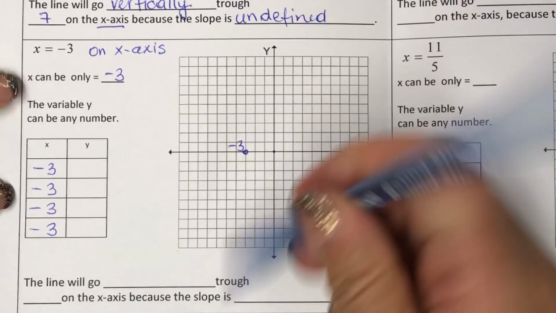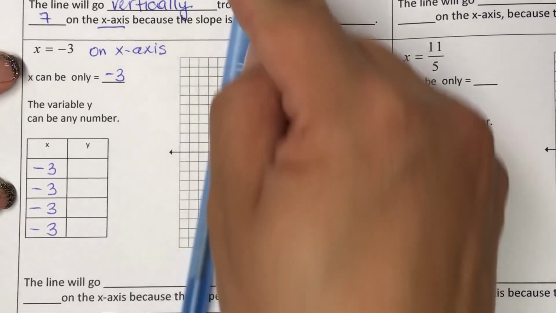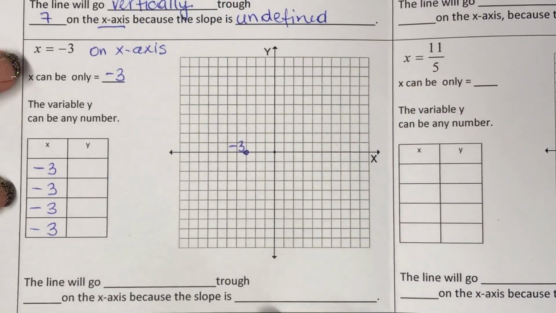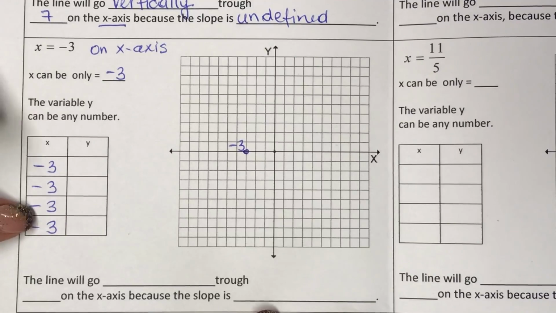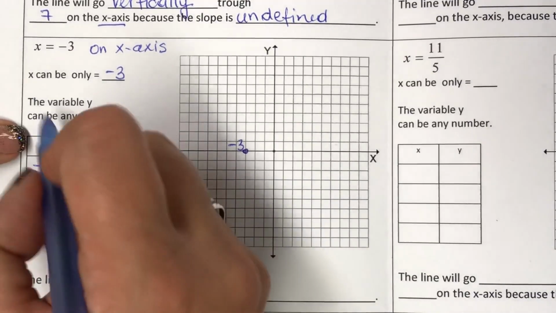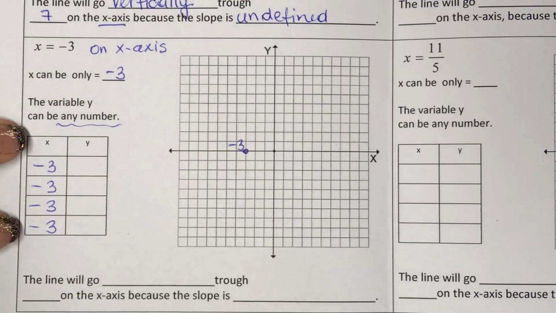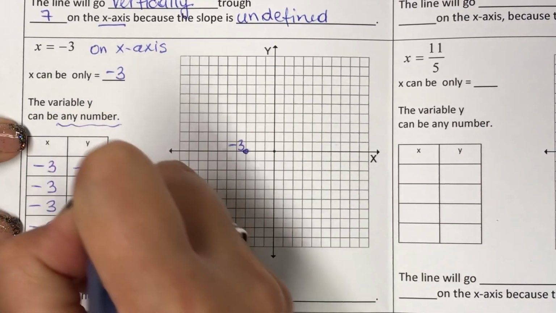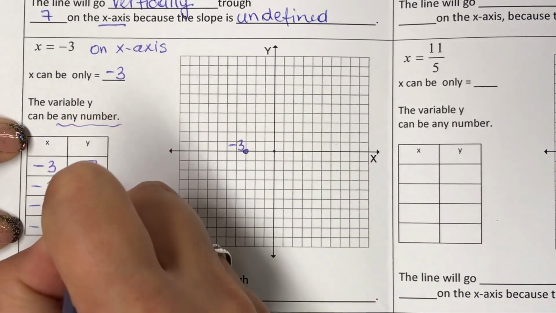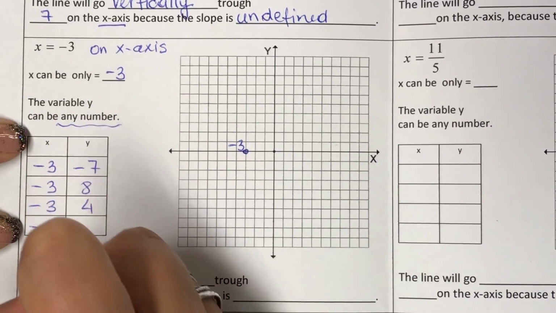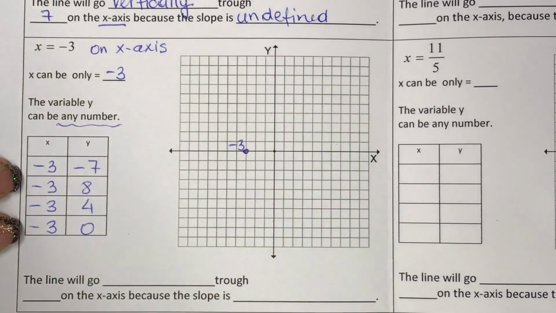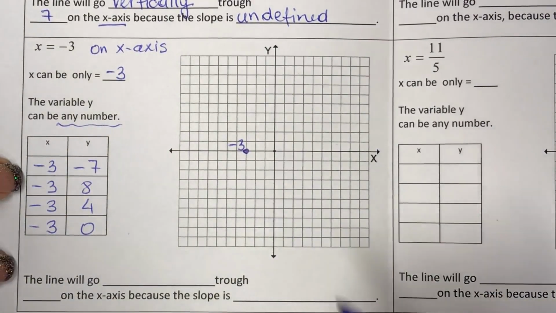The slope will be undefined, so it will be a vertical line going through negative 3. But let's prove that. If x can be only negative 3 and y can be any number, pick some numbers, let's say negative 7, 8, 4, 0, and plot them to have that confirmation.